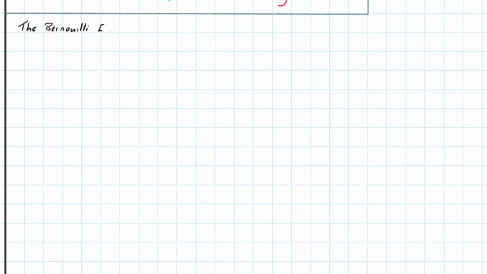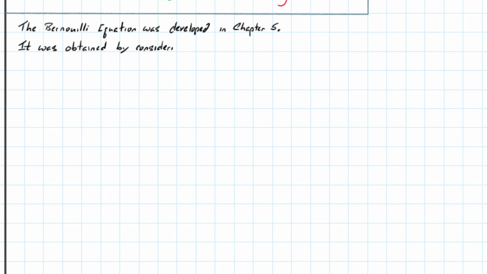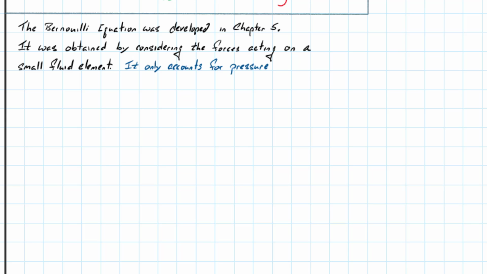The next element that we need to introduce into our discussion is the Bernoulli equation, and this was developed in Chapter 5. Remember now, it was obtained by considering the forces acting on a small fluid element. Right, so we drew that little element, and then we considered forces that were normal to this little element. Those are our pressure forces.